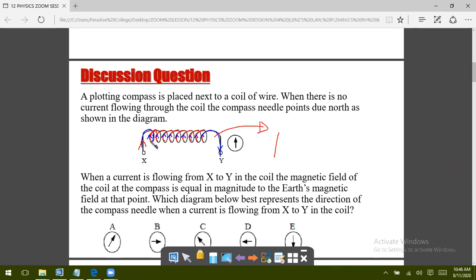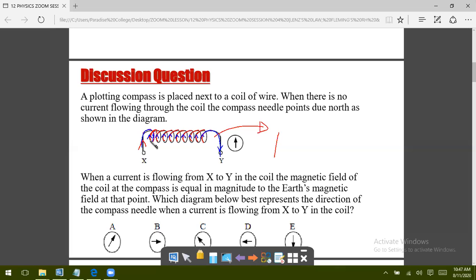Yes. Okay. I would like you to look at this diagram closely and tell me the North Pole and the South Pole. X is the North Pole.